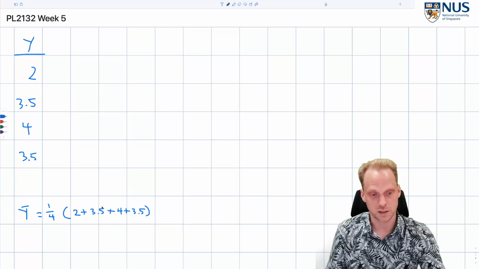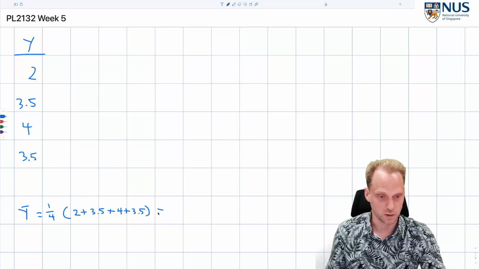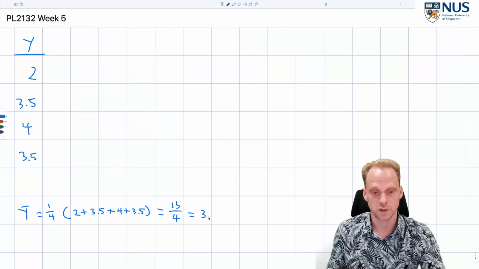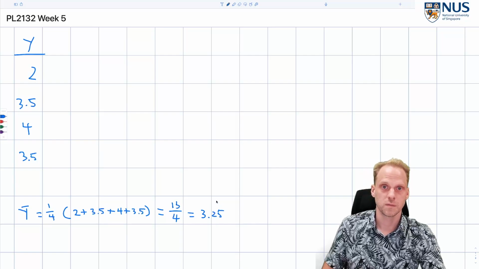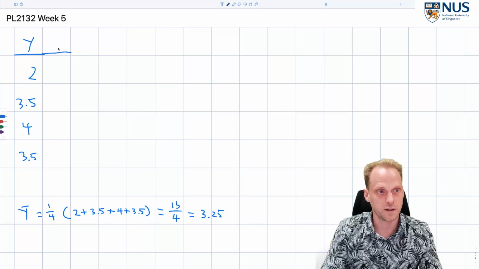In this case, that is 5.5, 9.5, 13, divided by 4 equals 3.25. So let's add that to our data.